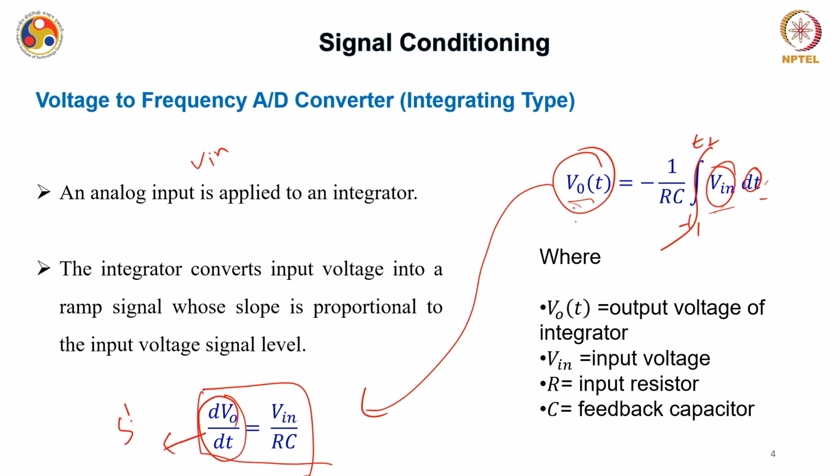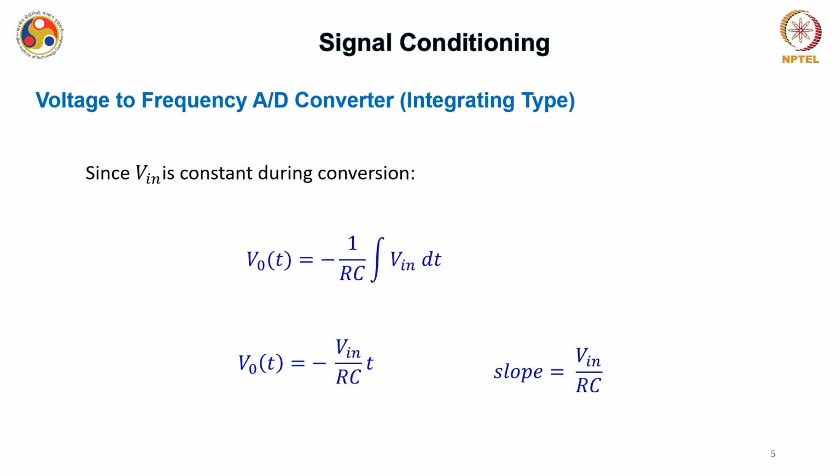The slope is directly proportional to the input applied voltage or input analog signal. That's why I mentioned that the integrator converts the input voltage into a ramp signal whose slope is proportional to the input voltage level.